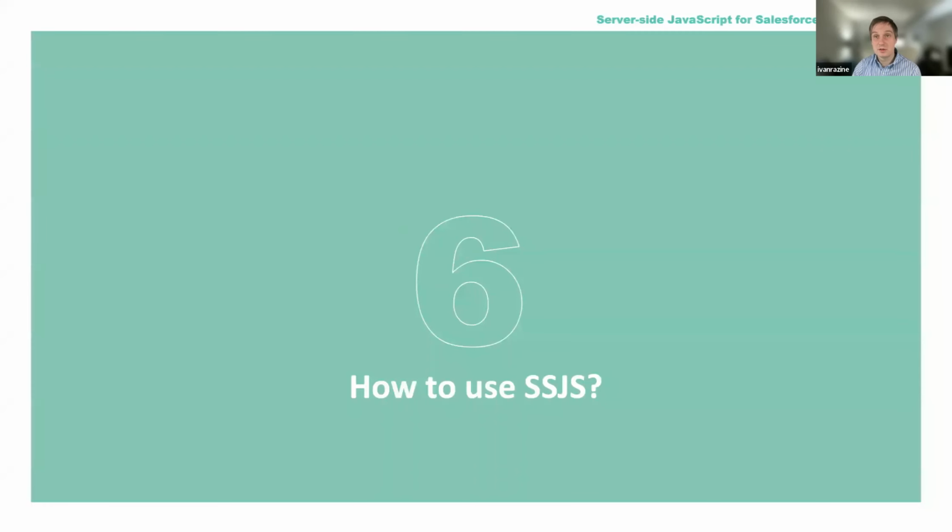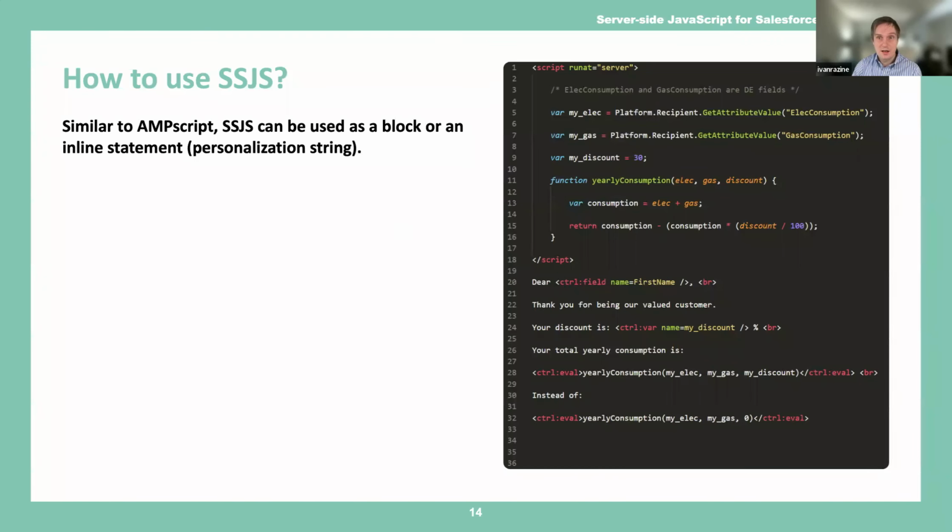How to use server-side JavaScript. In the same manner as Ampscript, it can be used as a block or an inline statement. On the right here, you have an example.